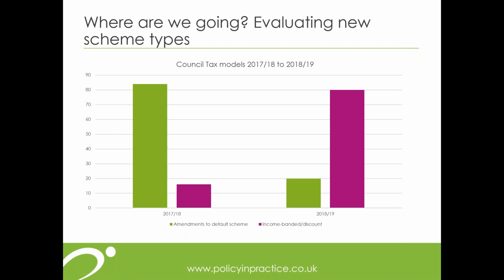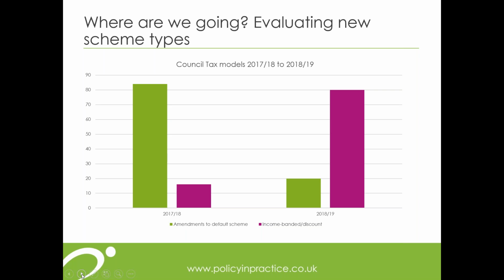If we look a couple of years ago, nearly all local authorities we were talking to were looking at making small tweaks to the current system, to the old council tax benefit system. So they were increasing the minimum, they wanted modelling on increased minimum, changing non-dependent deductions, things like that. And very few people were looking for any discussion around discount or income banded schemes.